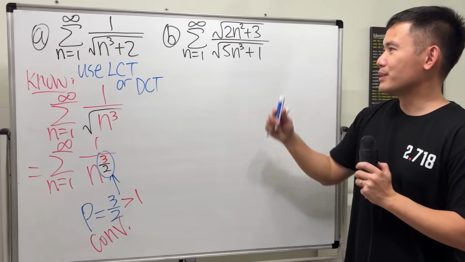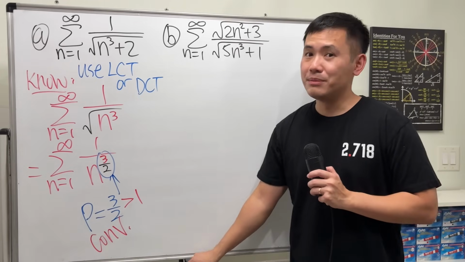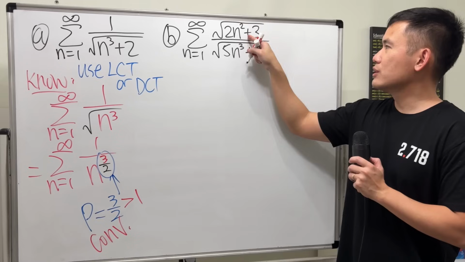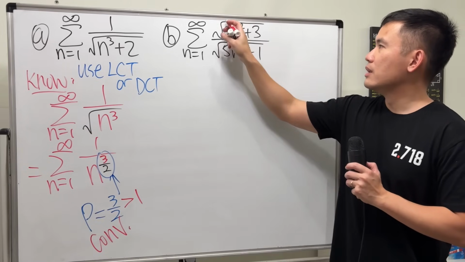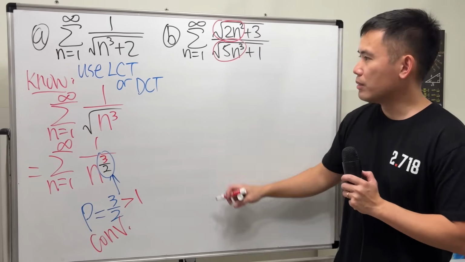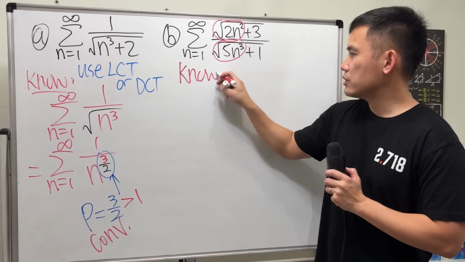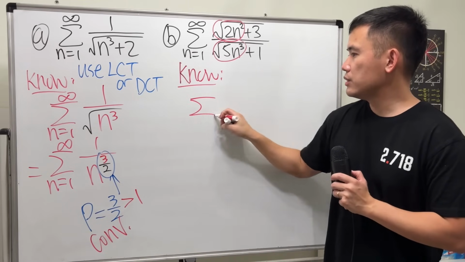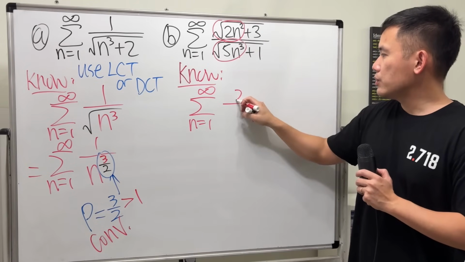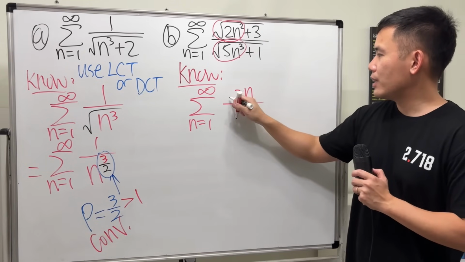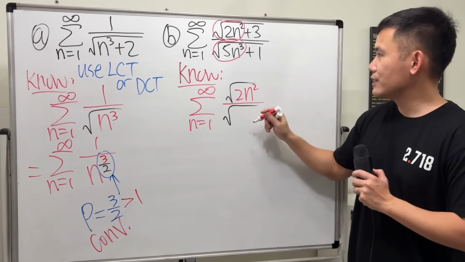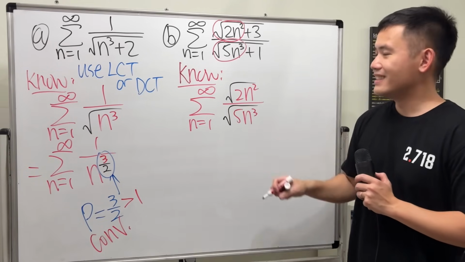Now let's take a look at part B. It's actually a similar situation. Because you have the square roots, here it is just plus 3, this is just plus 1. So if you just look at this and that, this is what we know much better. So we know the series as n goes from 1 to infinity, the top is 2n in the square root, or this has a square, and then the square root of 5n cubed.